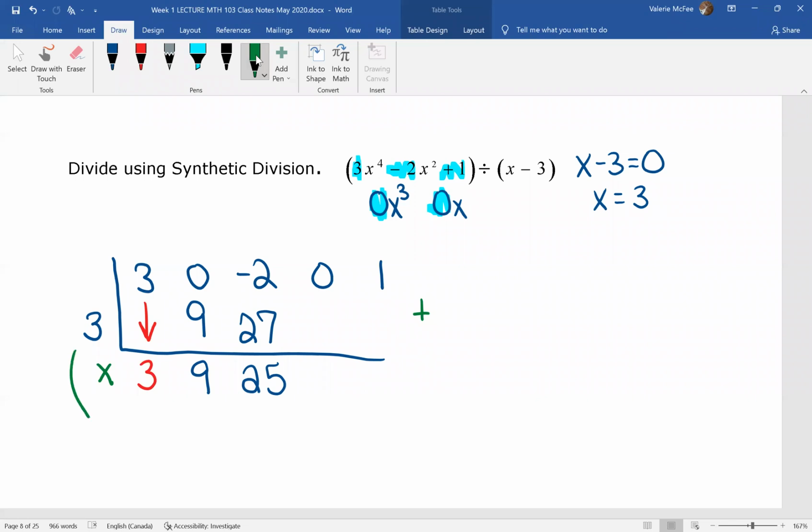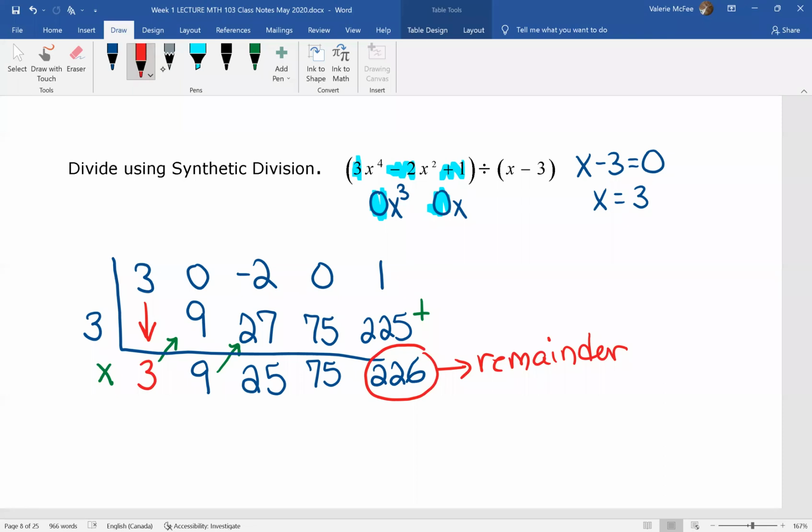So first of all, you multiplied 3 times 3, put your product under the next column, and added. Then you did 3 times 9, put your product in the next column, and added. Finish this question and find the remainder. You might recognize that this was our practice question using polynomial long division.